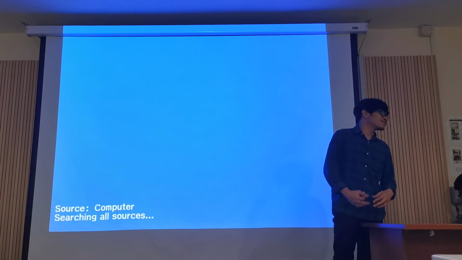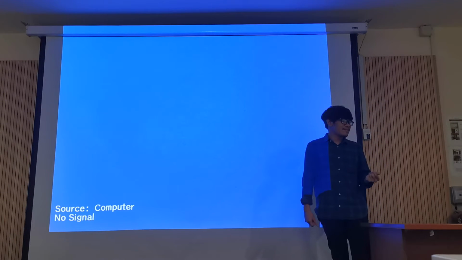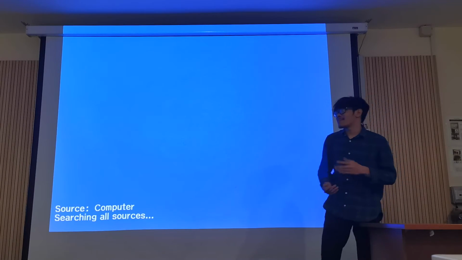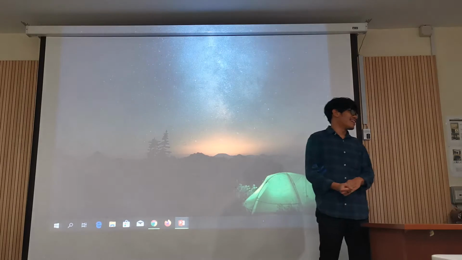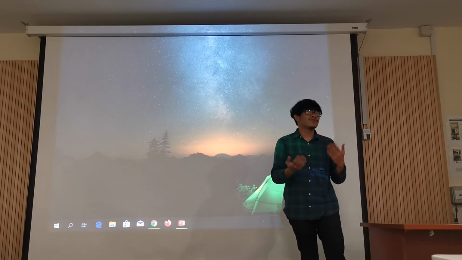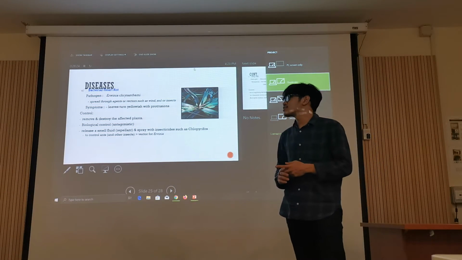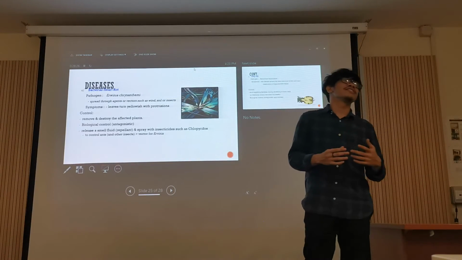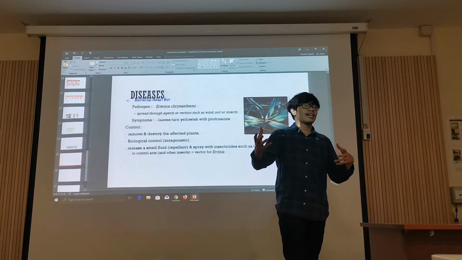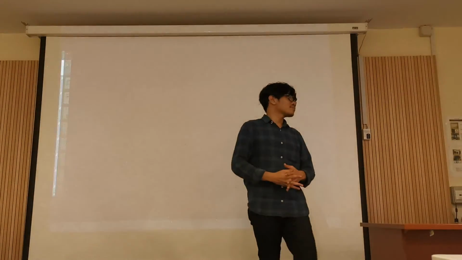So how to control bacterial heart rot is by removing and destroying the affected plants. We must remove and destroy the affected plants, because if we don't, it will affect the others and a large area will be affected.